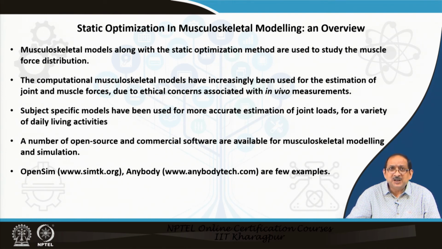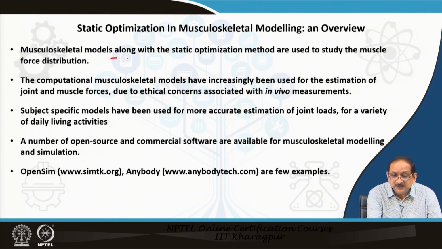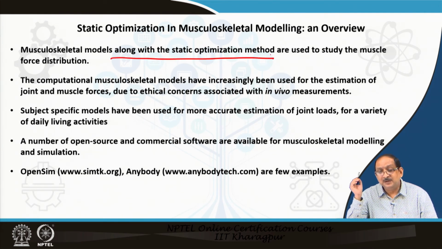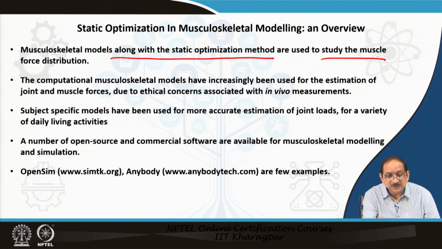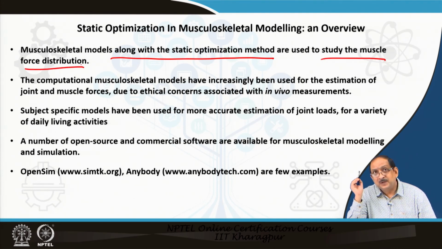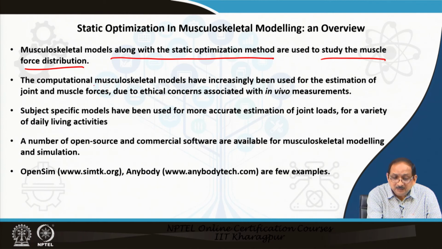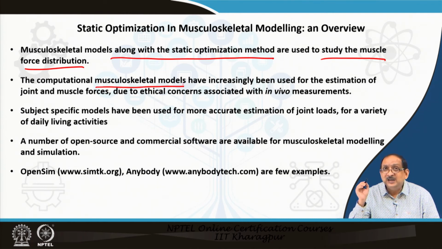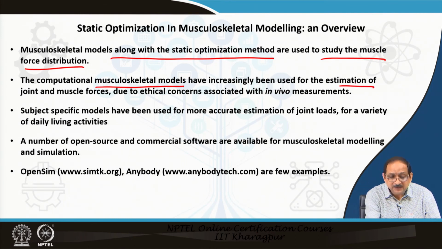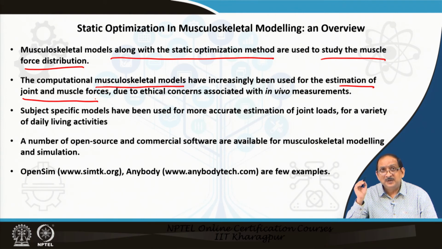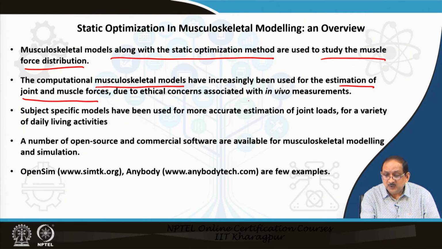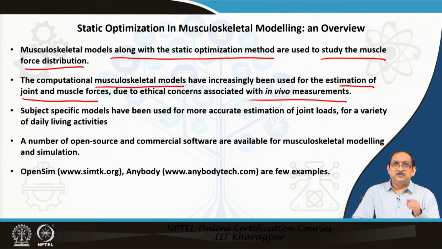The musculoskeletal models along with static optimization method are used to study the muscle force distribution. The computational musculoskeletal models have increasingly been used for estimation of joint and muscle forces due to ethical problems associated with in vivo measurements of joint contact forces as well as muscle forces.